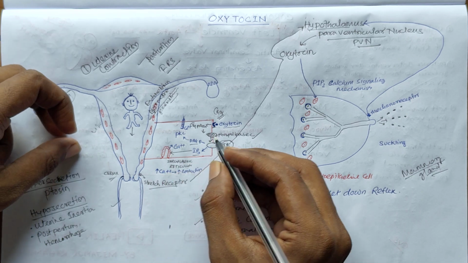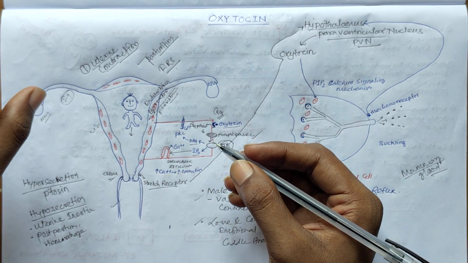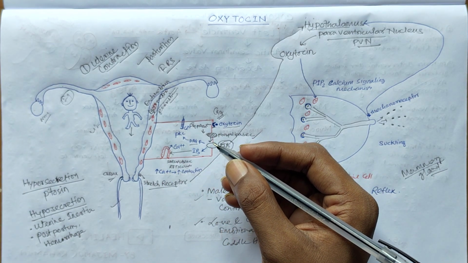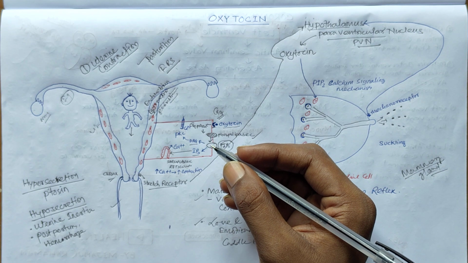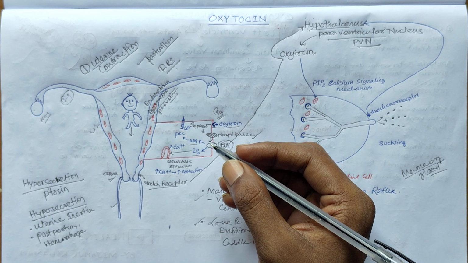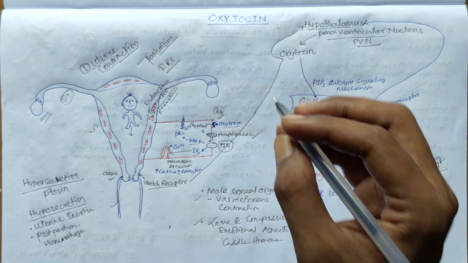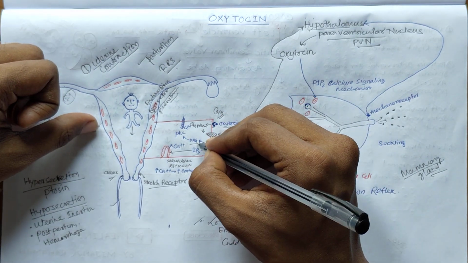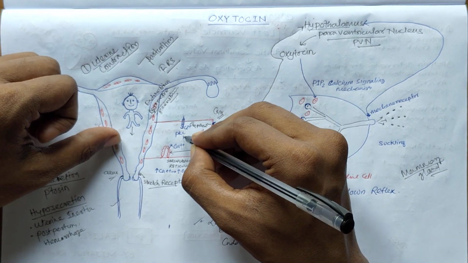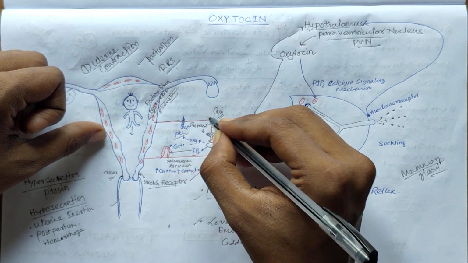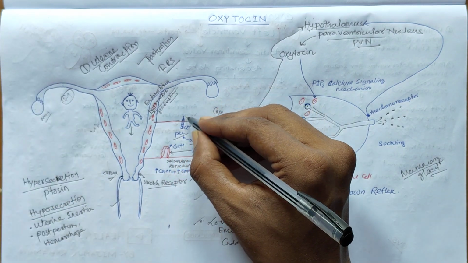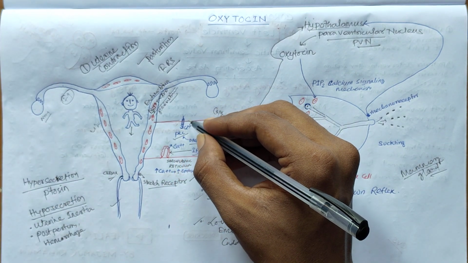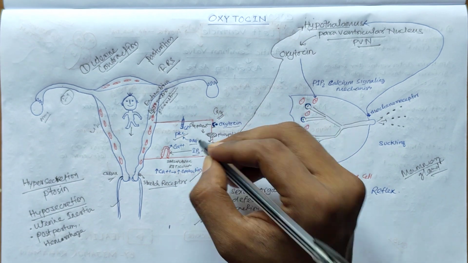IP3 will act upon the sarcoplasmic reticulum and stimulate it to increase the calcium level in the intracellular space. And DAG will act on protein kinase C. Protein kinase C will create some calcium channels which will increase the calcium level in the cell.